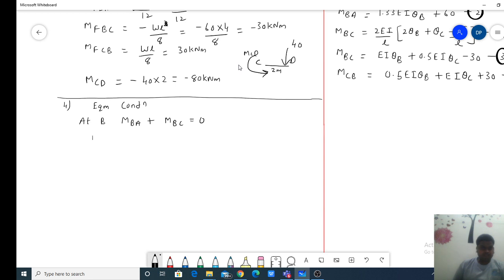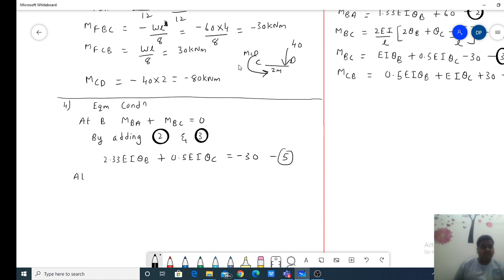Then by adding equation number 2 and equation number 3, what we are getting? 2.33 EI theta B plus 0.5 EI theta C is equal to minus 30. So this I will be saying equation number 5.